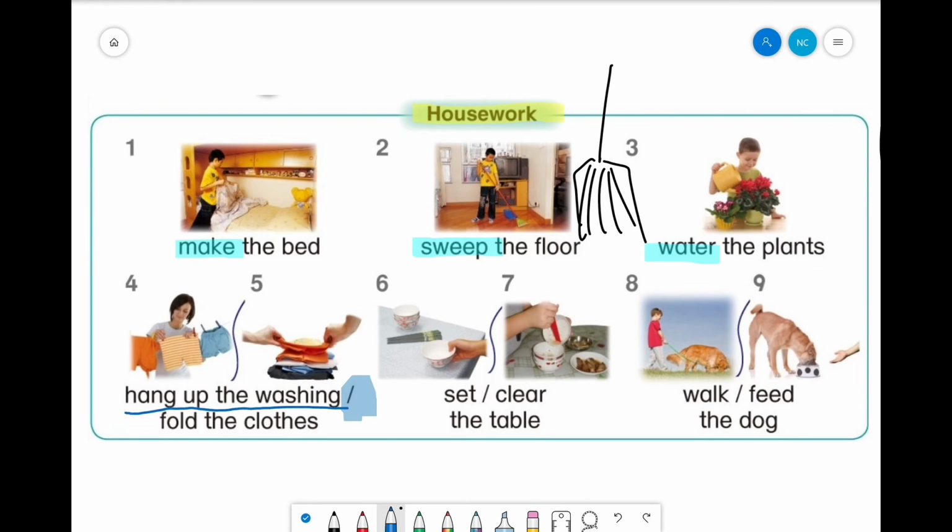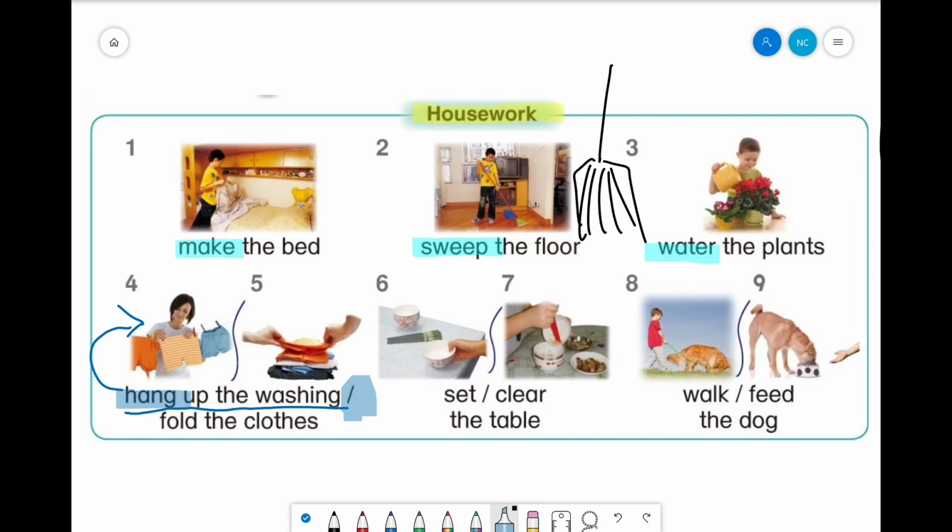Hang up the washing is this. So when you hang up the washing, the verb is hang. You cannot just say hang the washing, although hang is the verb. You need to put the word hang and up together to bring out the meaning. And this is just the natural way of saying it.